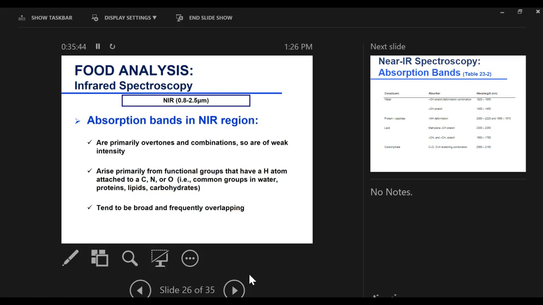So the measurements in near IR are basically of the functional groups that have a hydrogen atom attached to carbon, nitrogen, or oxygen. These are the common groups in water, proteins, lipids, and carbohydrates. So these are the main constituents. For water, we look at the OH stretch.